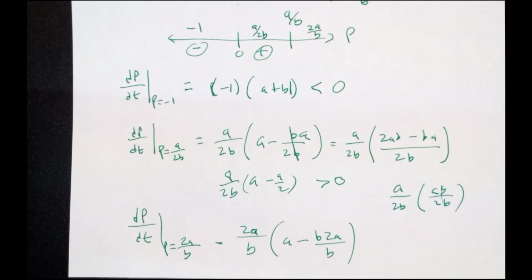A minus 2A. Which is negative now. And this number is positive, so this is a negative item. That's all that matters, is whether the slopes are positive or negative.